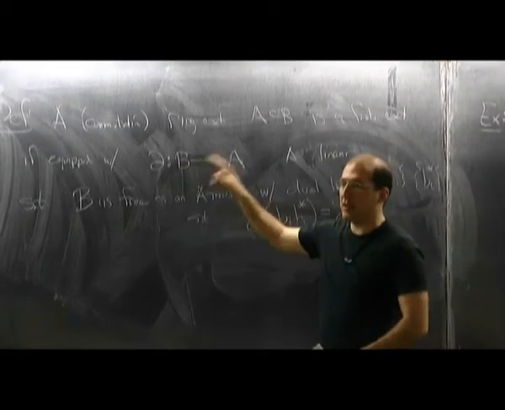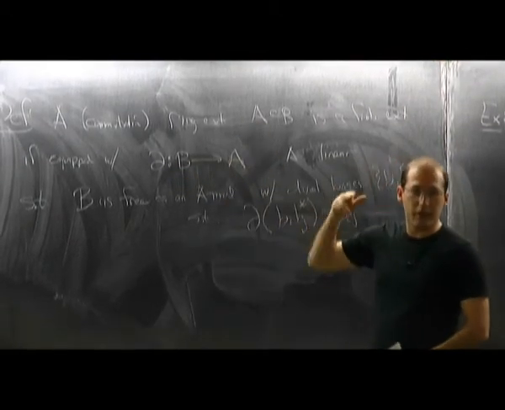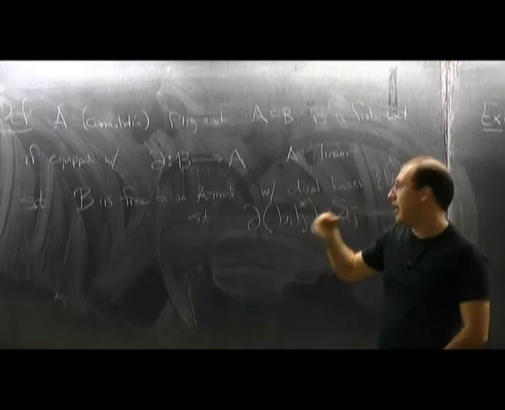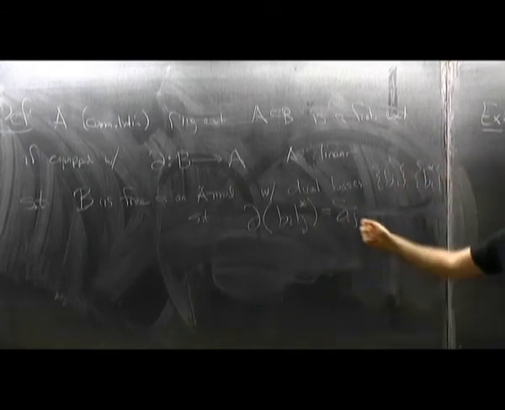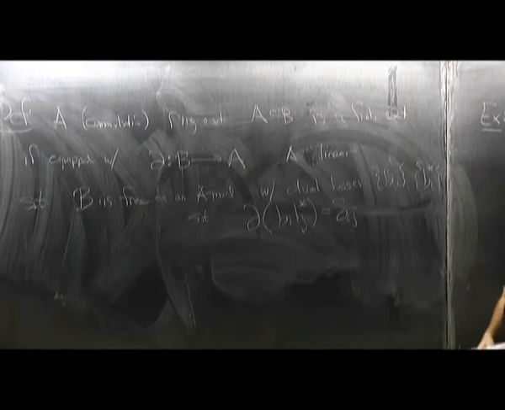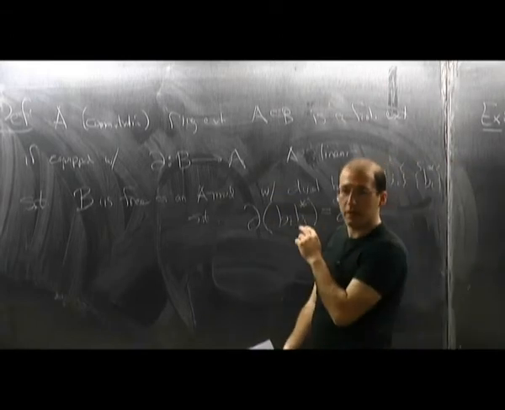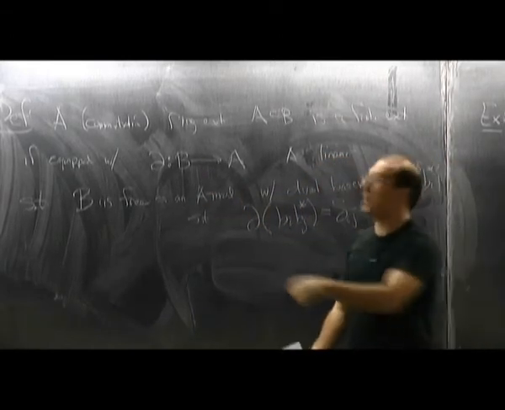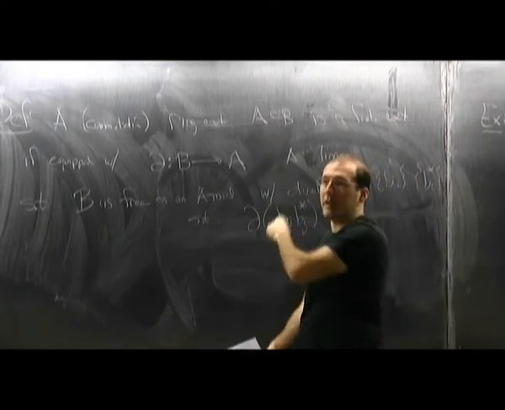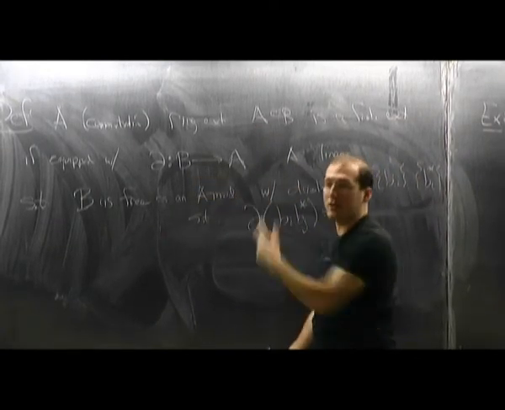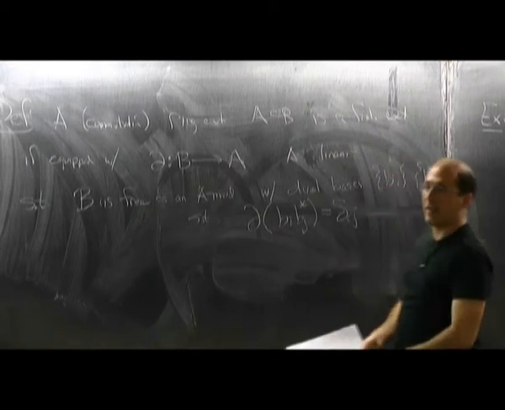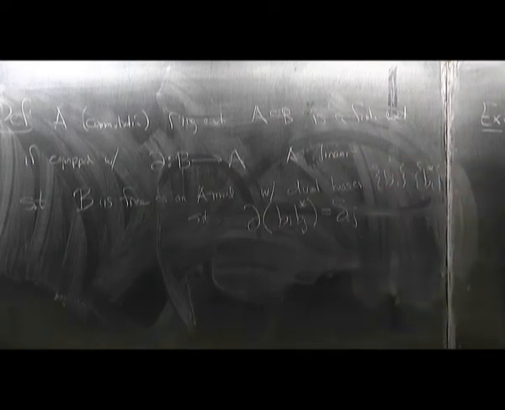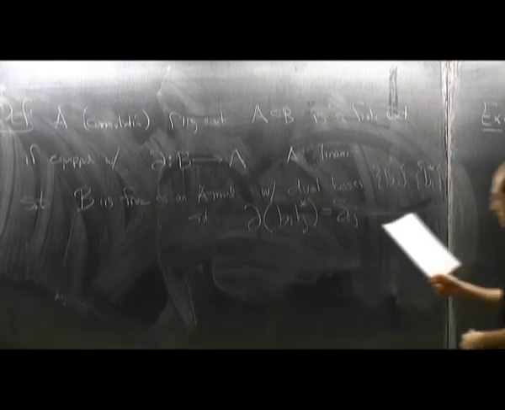Given two elements of B, you multiply them together and apply this, and you get an element of A. And the claim is that this pairing is perfect, non-degenerate, essentially. If A were just a field, this would be really something like a trace map. So if A is a field and B is matrices, you can think that this is the trace. But this is a more general notion.